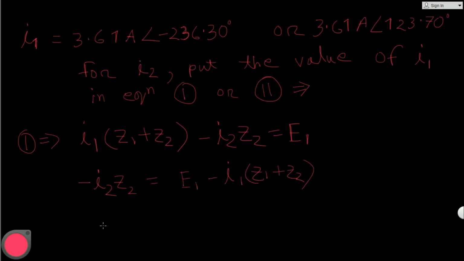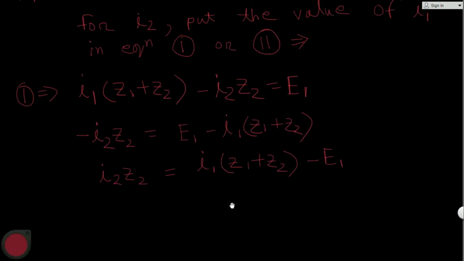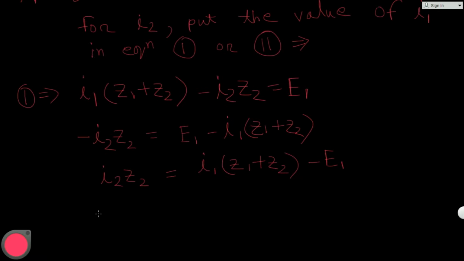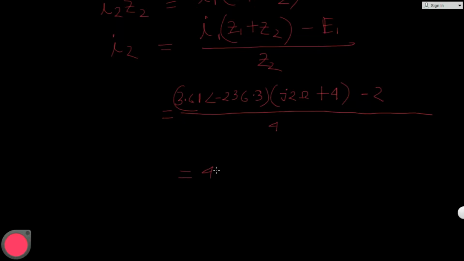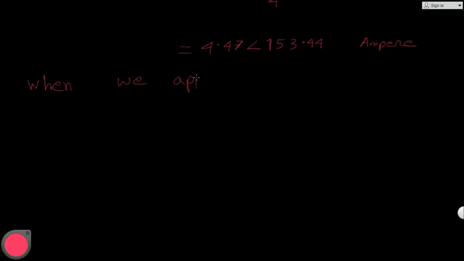I'm just simplifying the equation. So after calculation, the value of I2 is 4.47 ampere, angle 153.44 degree.